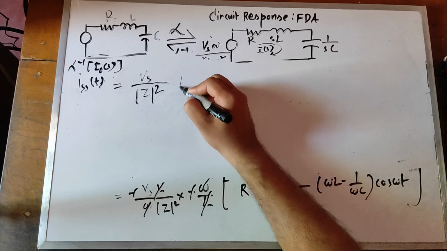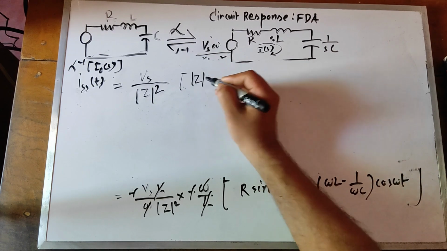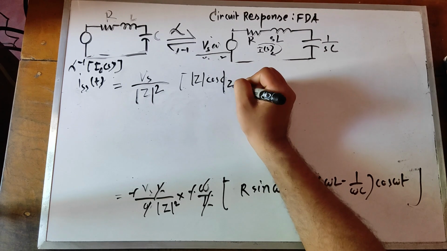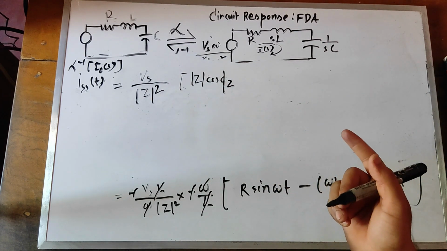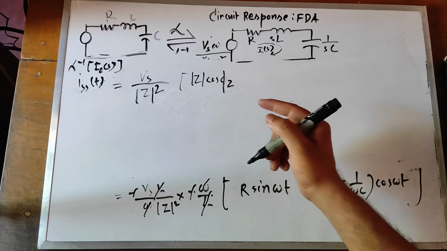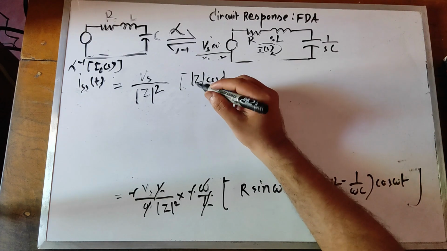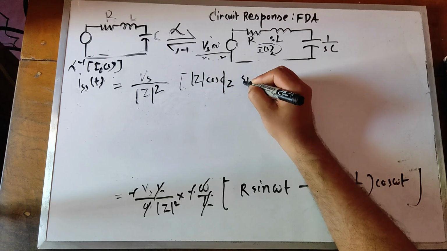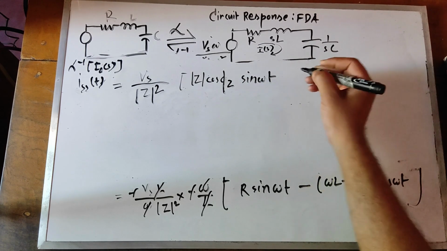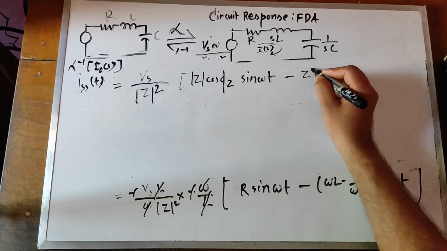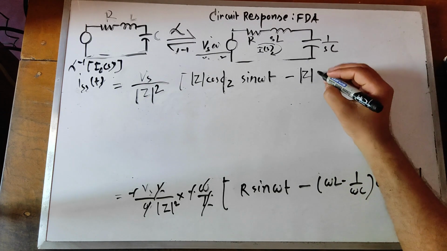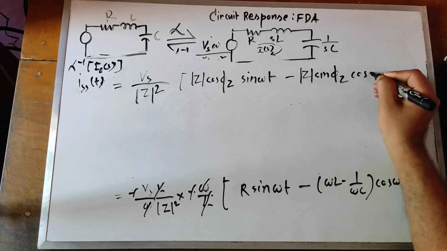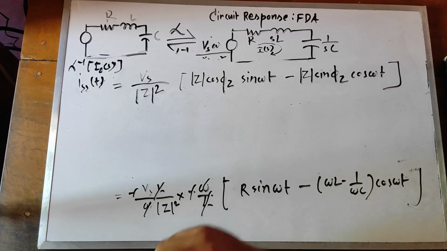And if I take this, R is sine cos phi. If you have seen my time domain video, I have already discussed this. So R is the magnitude of the impedance, cos phi z, sine omega t minus, this is the reactance part, so sine phi z cos omega t.